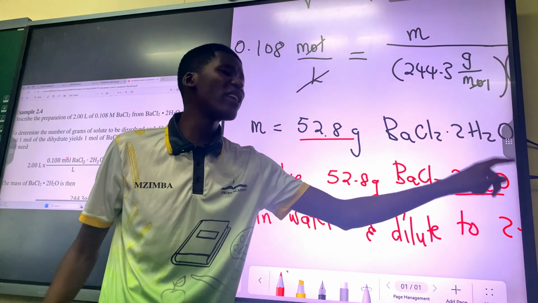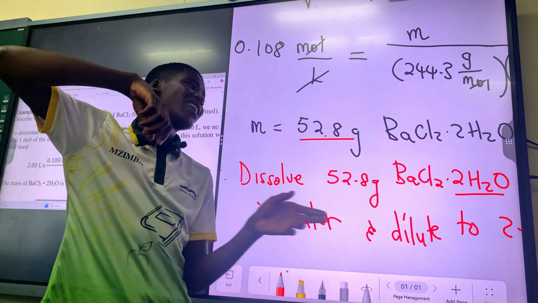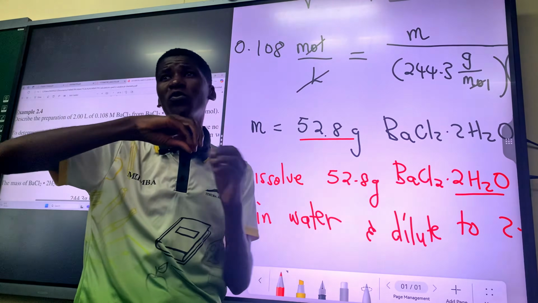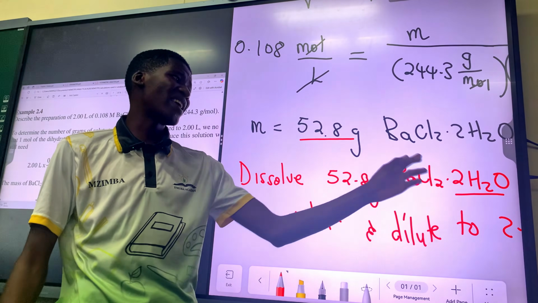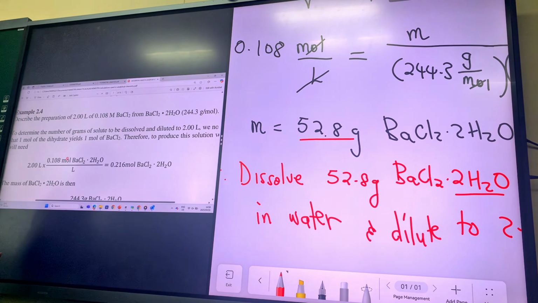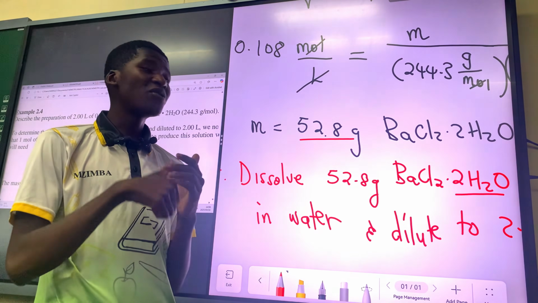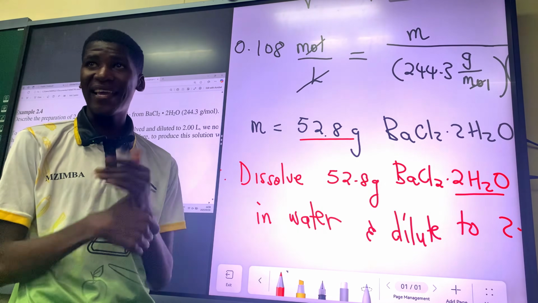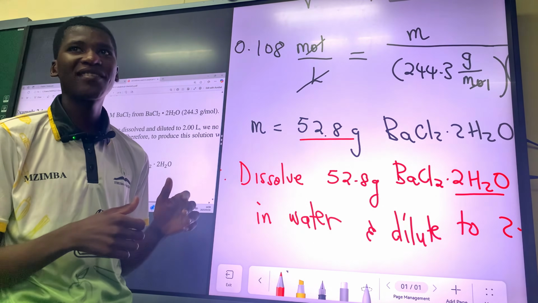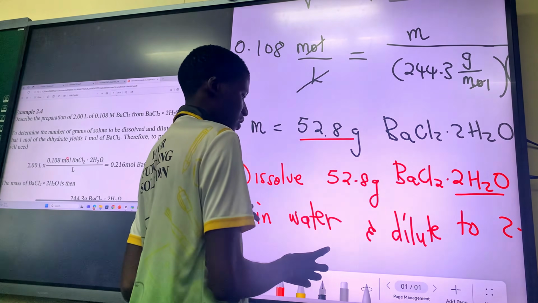Because once there is a hydrate in the compound, it means when you put it in water, this 2H2O will join with the other water, leaving BaCl2, which is what we are preparing, what we want. So whenever they say describe the preparation, you are actually required to find the mass of the thing you will prepare with, to say how much mass must you dissolve to make it a solution.